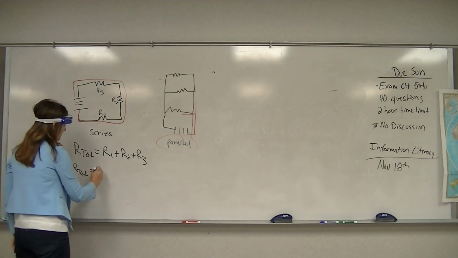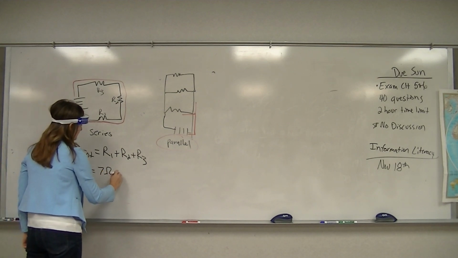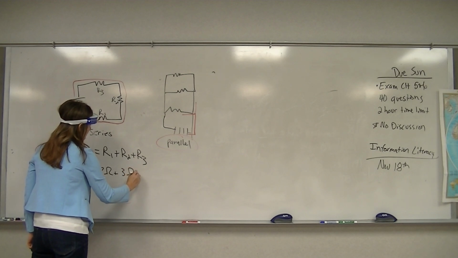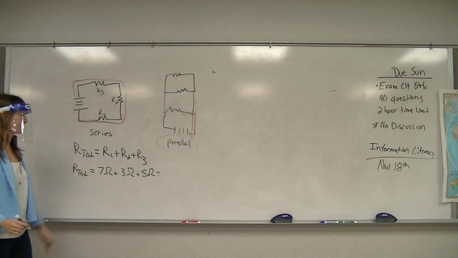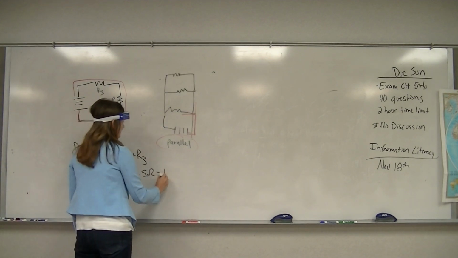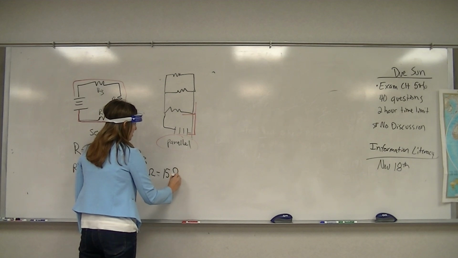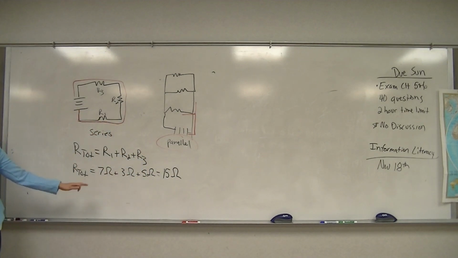I already forgot the numbers. There's a 7 ohm, a 3 ohm, and a 5 ohm? Yes. Adding them up, 7 plus 3 plus 5 gives me 15. So the series is the easy one, or easier one, I should say, not necessarily easy.